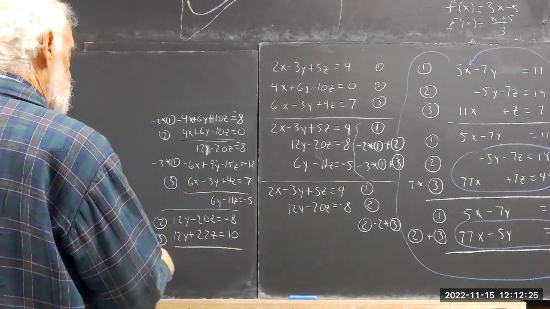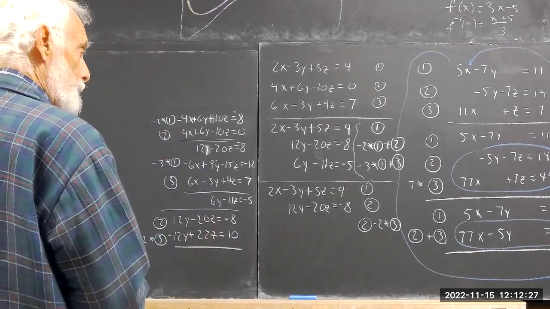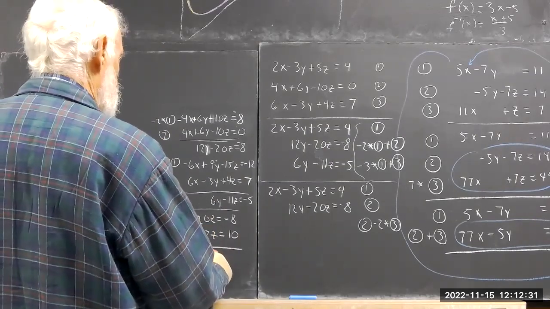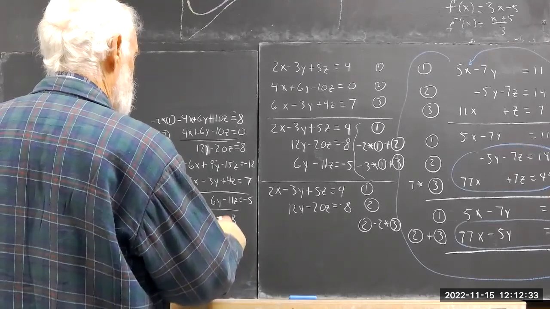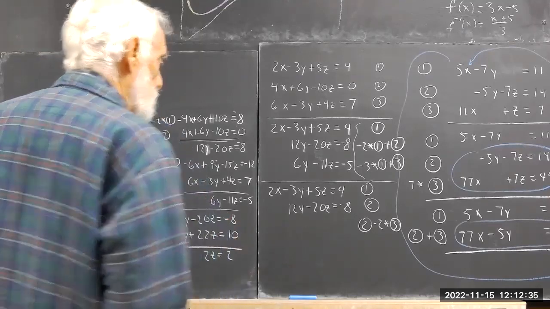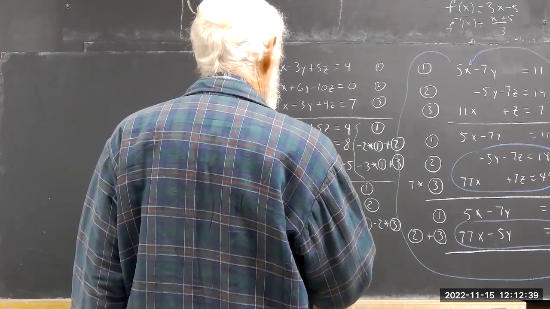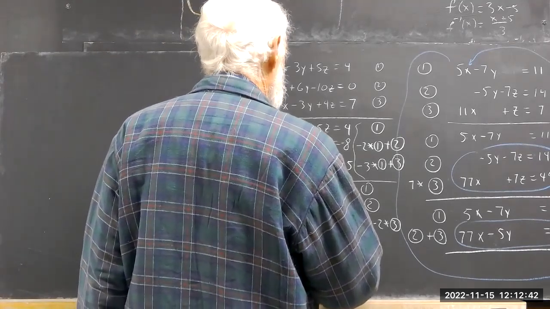Okay, y's go away. z's add up to 2z. And the numbers here add up to plus 2. So that my equation down here is just 2z equals 2.